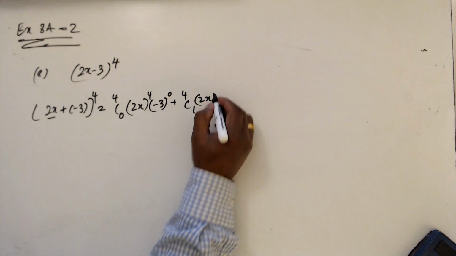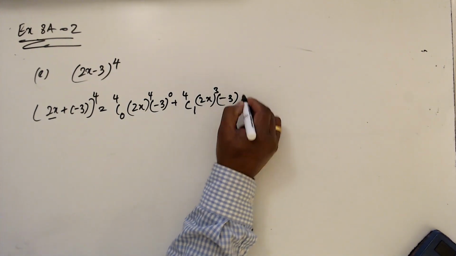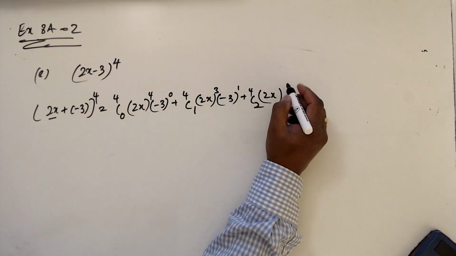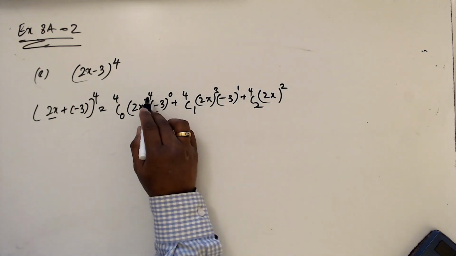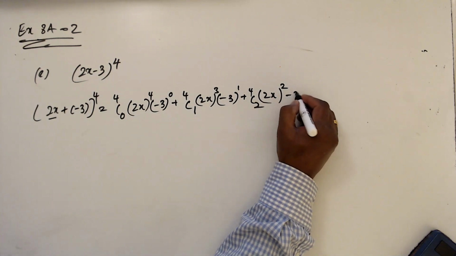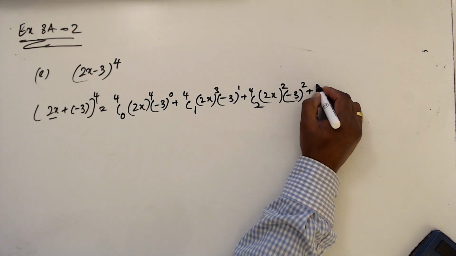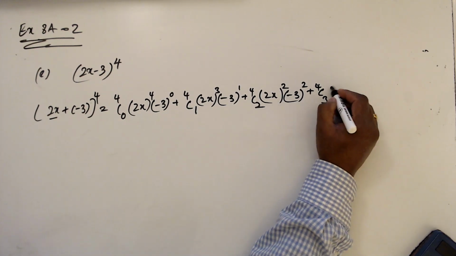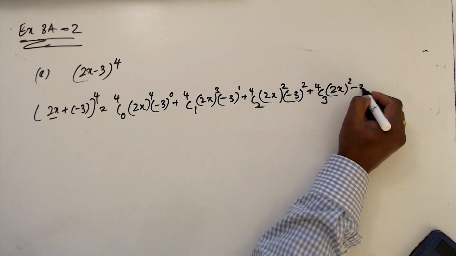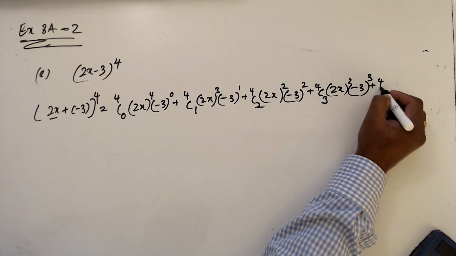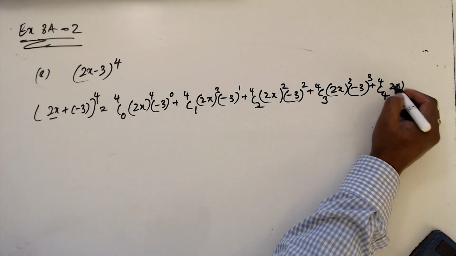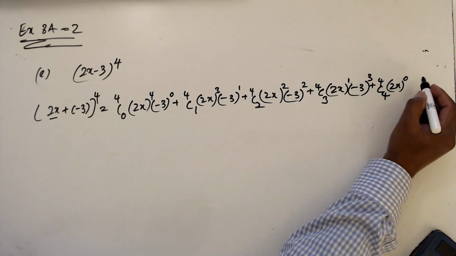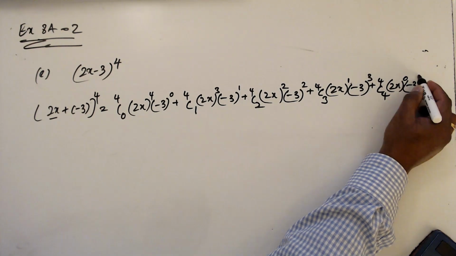This term 2x to the power 3 and minus 3 to the 1. 4C2, 2x to the power 2, it is reducing, minus 3 squared, then 4C3 2x to the 1 minus 3 cubed and 4C4, 2x to the 0 minus 3 to the power 4.